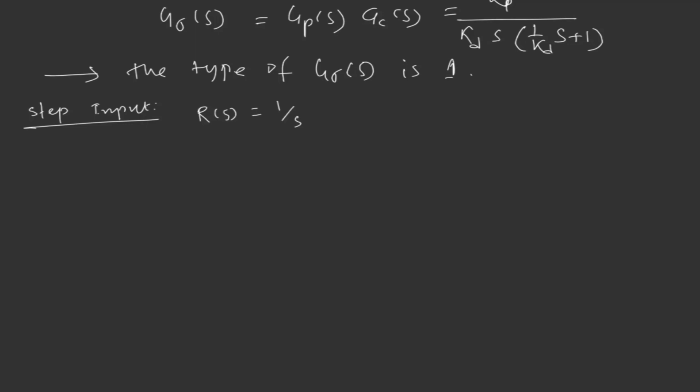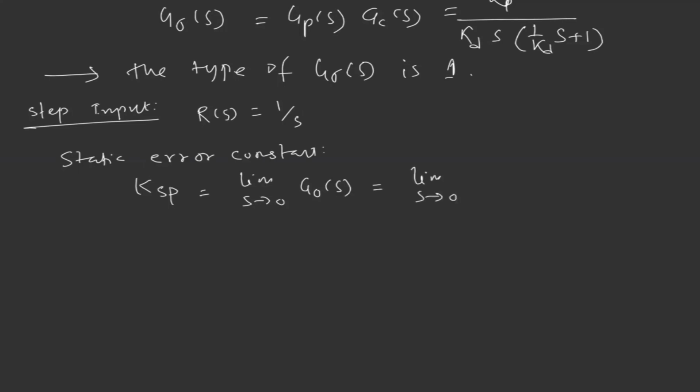First we'll find the static error constant KSP, which is basically limit s tends to 0 of G naught of s.